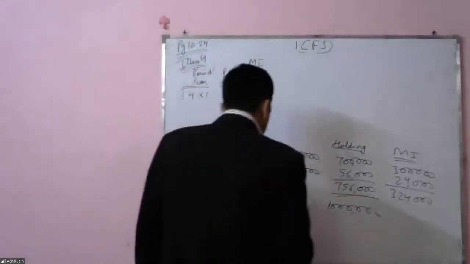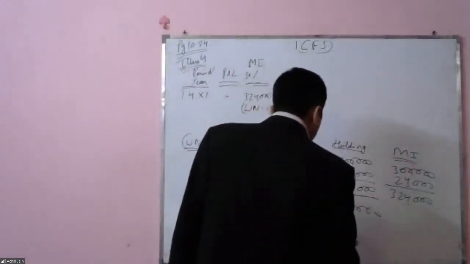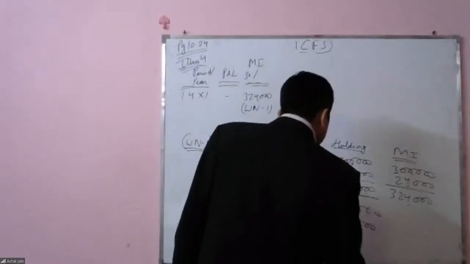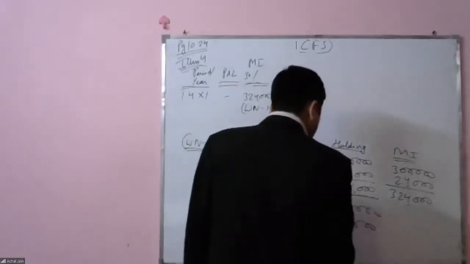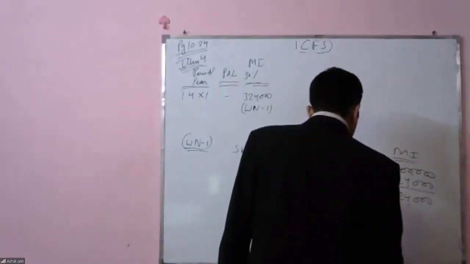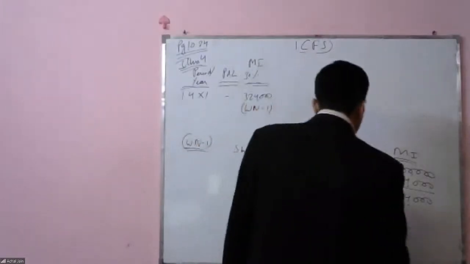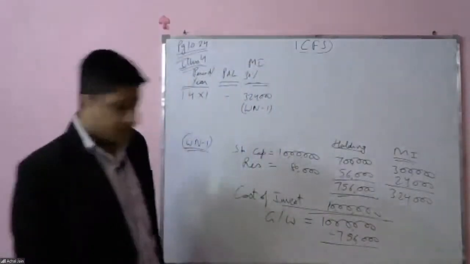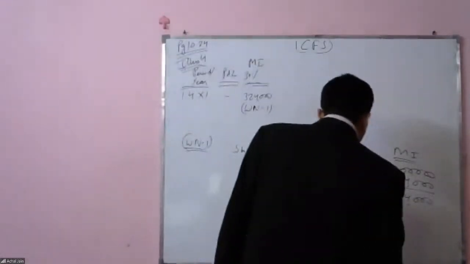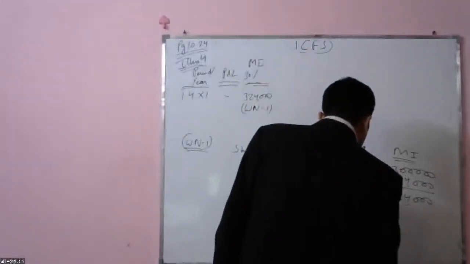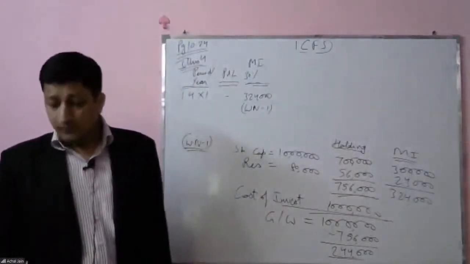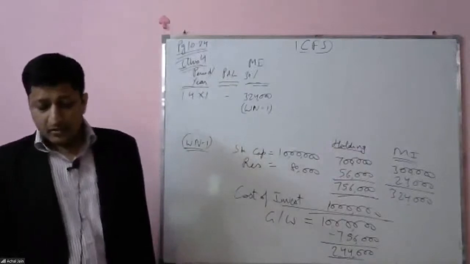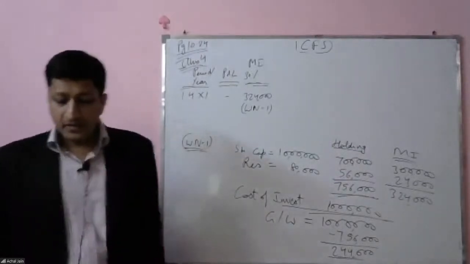Goodwill. 10 lakh less 7,56,000, we get 2,44,000. That's the amount of goodwill, and that will also be called cost of control. So we'll put that balance over there.